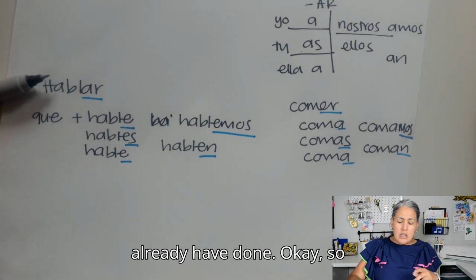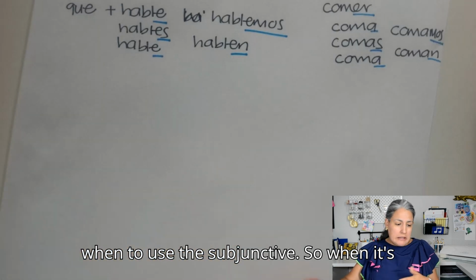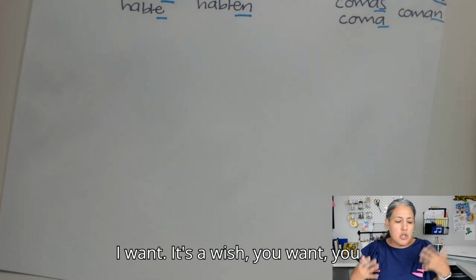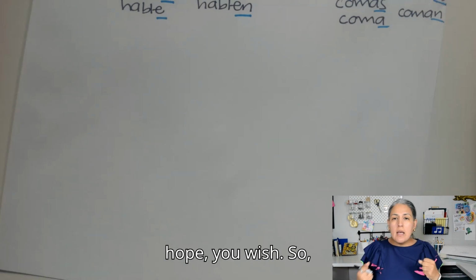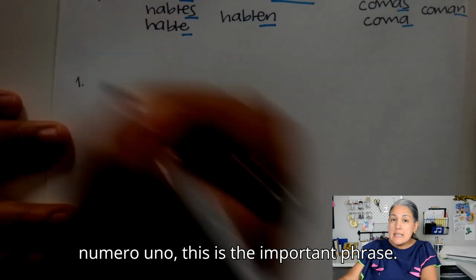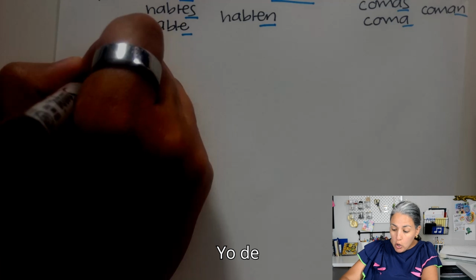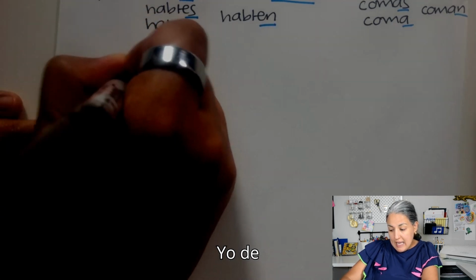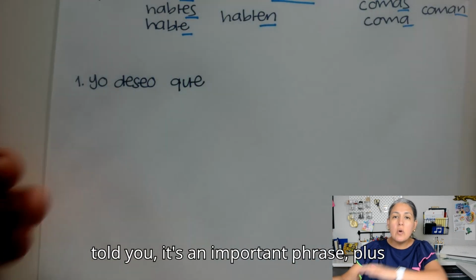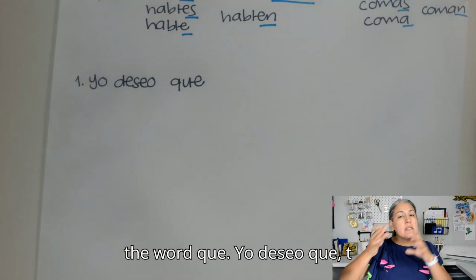Okay, so when to use the subjunctive. When it's a wish, we will start by saying, I want. It's a wish. You want. You hope. You wish. So, número uno, this is the important phrase. Yo deseo que, as I told you, it's an important phrase, plus the word que.